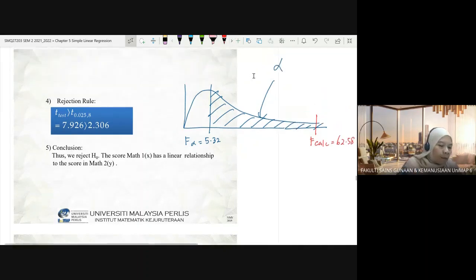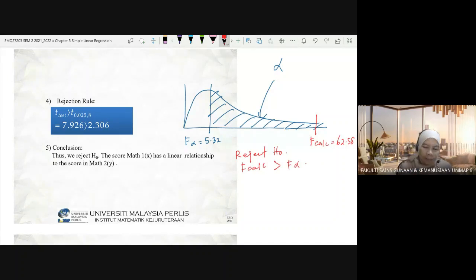Okay, and obviously it falls in the rejection region. So in this case, our decision will be to reject the null hypothesis, because F calc is greater than F alpha. Okay, that is your reason.